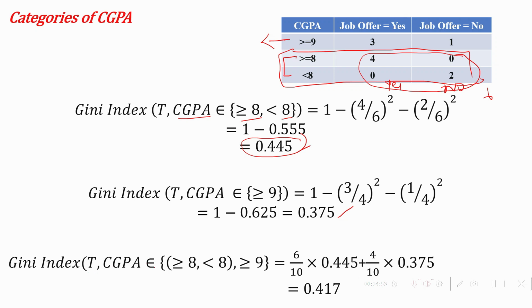Now we are computing the Gini index with respect to the target variable and CGPA for subset 1. This is subset 1 and this is subset 2. Subset 1 belongs to greater than or equal to 8 and less than 8, and subset 2 belongs to greater than or equal to 9.